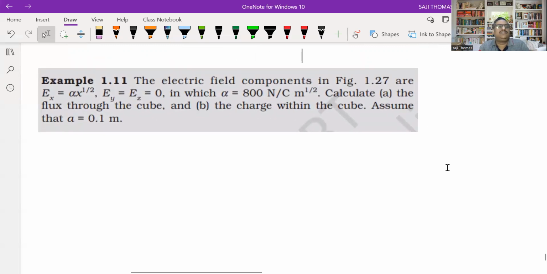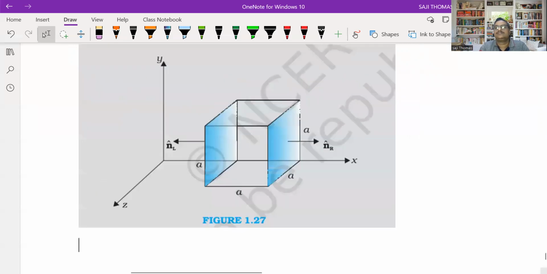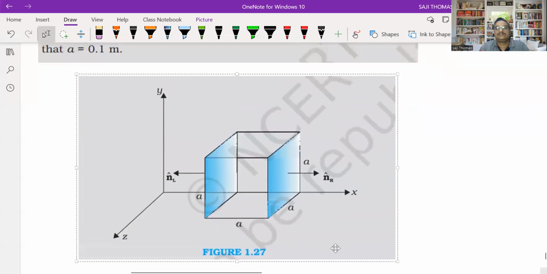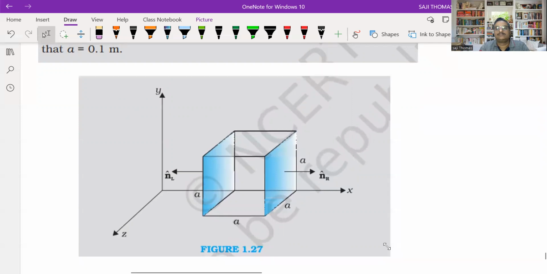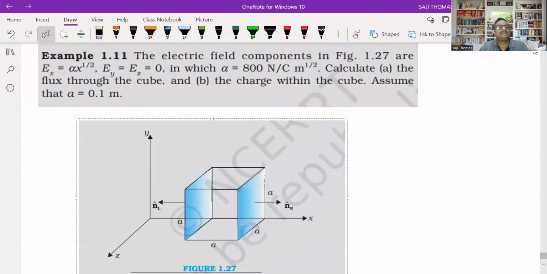Electric field components in the figure are given, figure also I will give you. See, read the question.